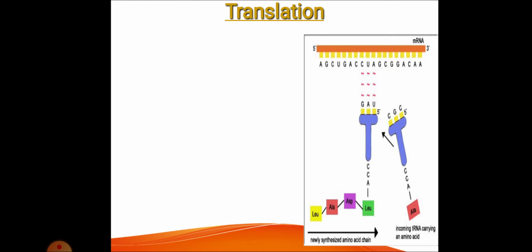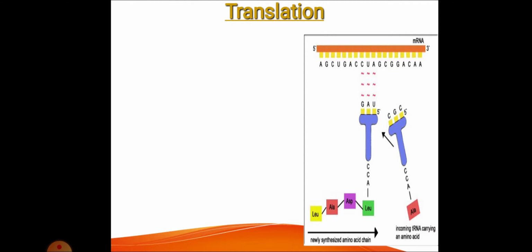What is translation? Translation uses the information in a messenger RNA to build a protein. Actually, to be a little more technical, an mRNA doesn't always provide instructions for a protein.